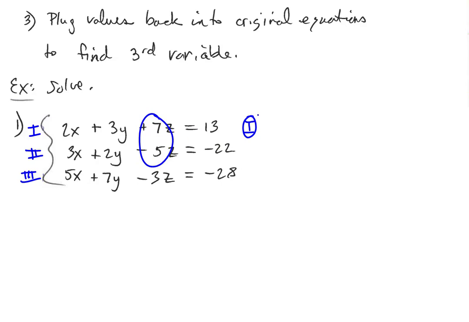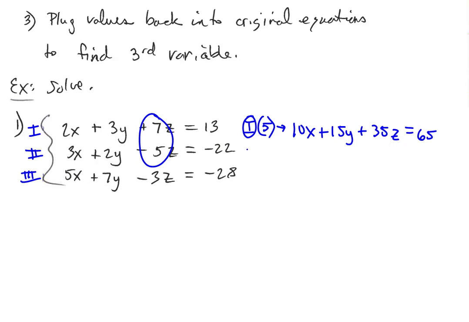So I'll need to multiply equation I by a positive 5 in order to turn that into a positive 35. Of course, the entire equation gets multiplied by 5 all the way down, so that will turn it into 10x plus 15y plus 35z equals 65.